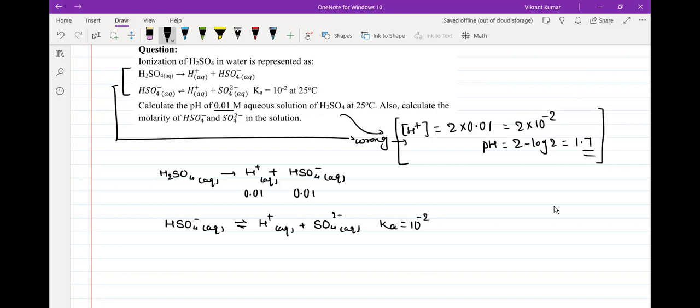So now in that, we'll say before ionization, if it was 0.01, this was already 0.01 from the first step, and this was 0, then we'll say at equilibrium, यहाँ पर if they are not asking about alpha ना, तो directly minus x भी कर सकते हैं, and you can write 0.01 into 1 minus alpha.